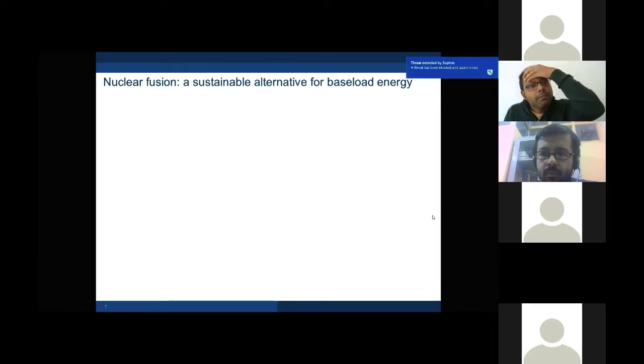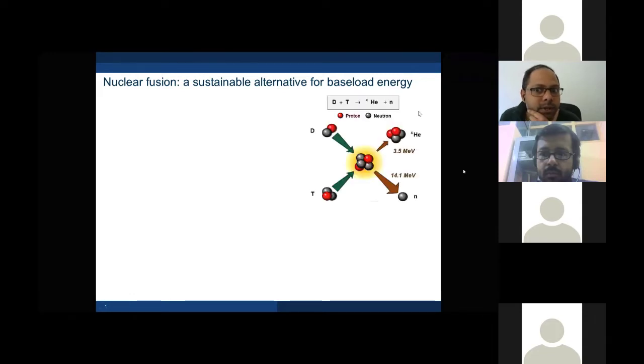First, a bit of background on where we come from. We all know that nuclear fusion is a sustainable alternative for baseload energy. The main idea of fusion is that hydrogen has two heavy isotopes, called deuterium and tritium. What I show here is the nucleus that has one proton and two neutrons; that's called tritium.